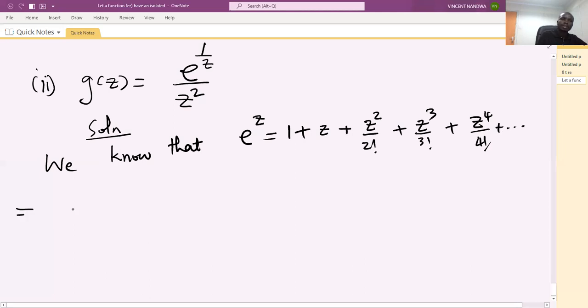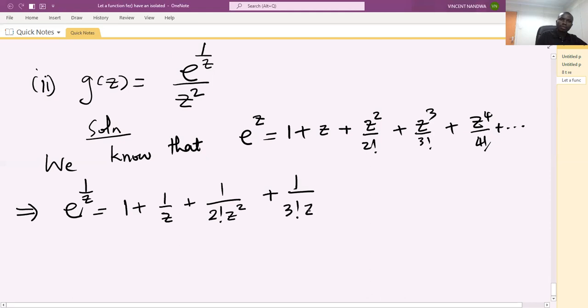So this implies that e raised to power 1 over z will be given by 1 plus 1 over z plus 1 over 2 factorial z squared plus 1 over 3 factorial z power 3 plus 1 over 4 factorial z power 4 plus up to plus 1 over n factorial z power n plus other several terms.